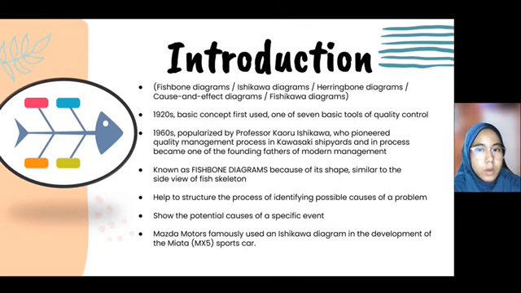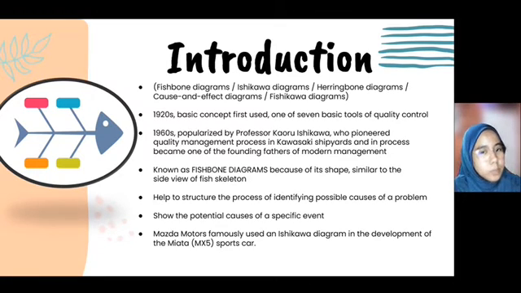Okay, who is Professor Kaoru Ishikawa? Professor Ishikawa pioneered quality management processes in the Kawasaki shipyard, and when he popularized this fishbone diagram in the 1960s, he became one of the founding fathers of modern management.